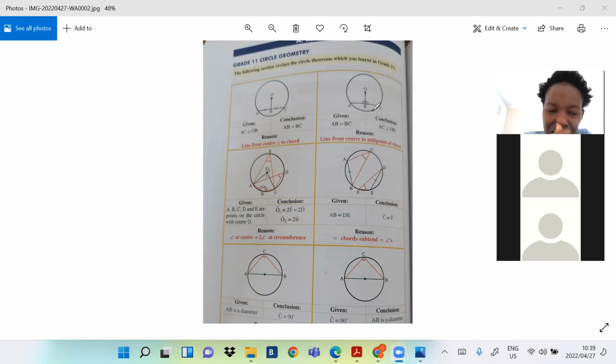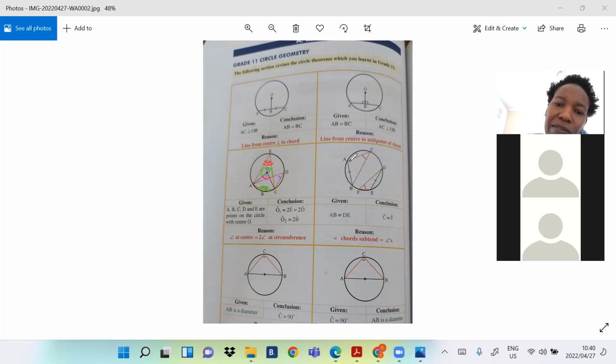Next, angle at the center is twice angle at the circumference. So this angle is 2 times that one, and also this angle is 2 times that one, and also this angle O2 will be 2 times that one. Then on this side, equal chords subtend equal angles.